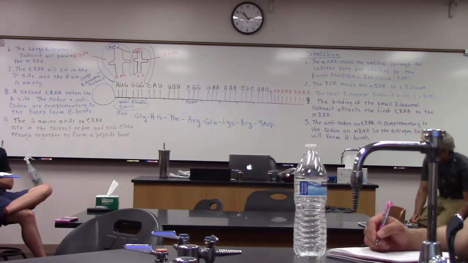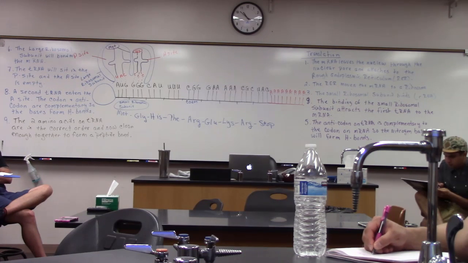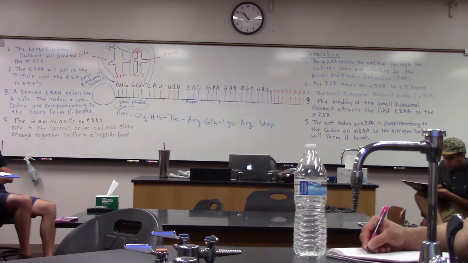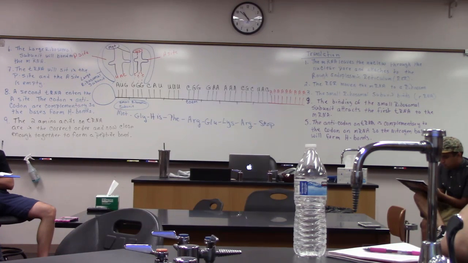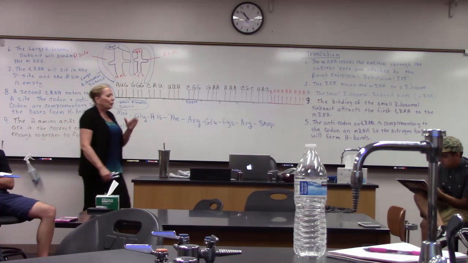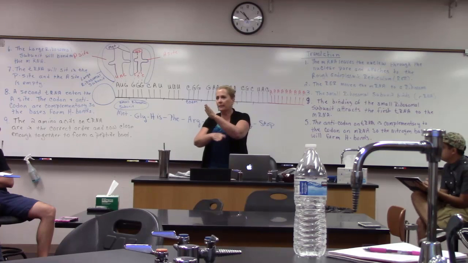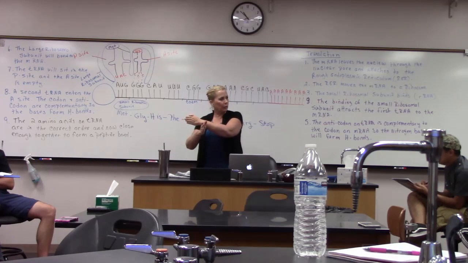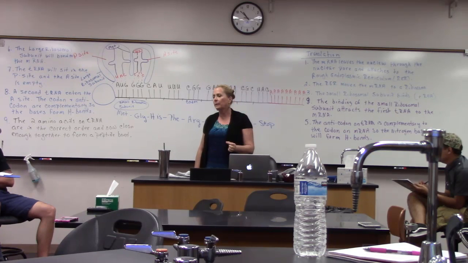Now, keep in mind that originally these amino acids were floating around inside the cytoplasm. And really, if they wanted to, they could bond to each other at any time. But the problem is, you have to bond certain amino acids in a particular order to get the right shaped protein.